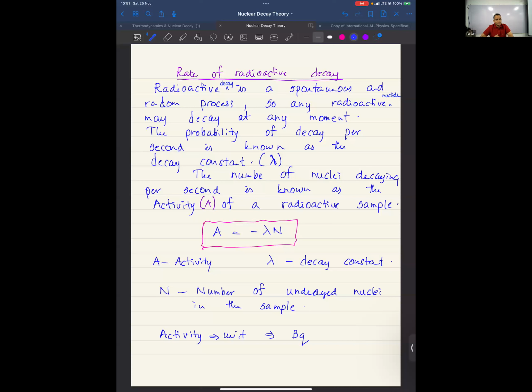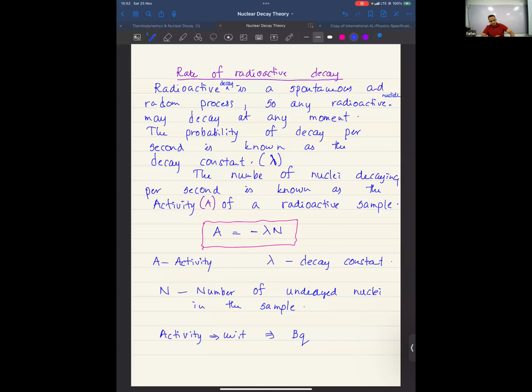What is activity? The number of nuclei decaying per second. What is decay constant? The probability of a nuclei decaying per second. That is lambda.